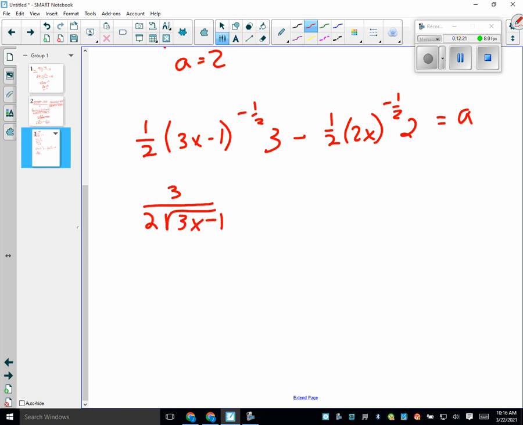Three over 2 radical 3x minus 1, minus 1 over radical 2x is what I want to know.